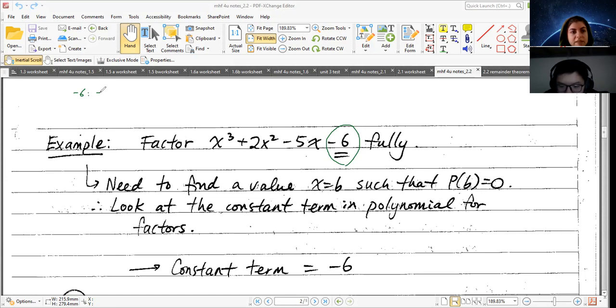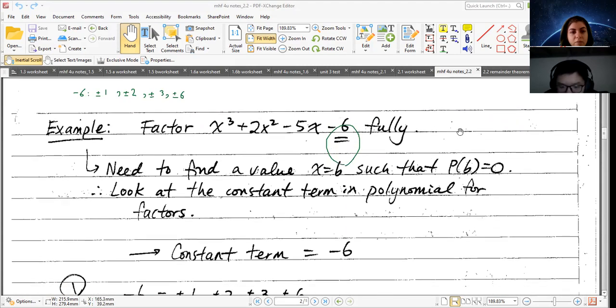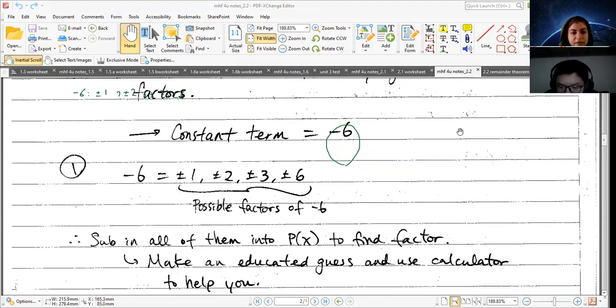What are they? Plus or minus 1, plus or minus 2, so 2 is a factor of 6, plus or minus 3, and plus or minus 6.